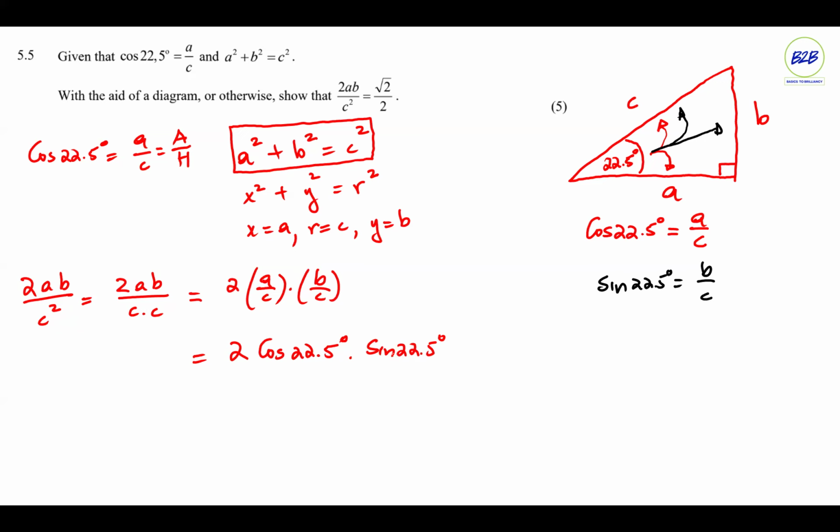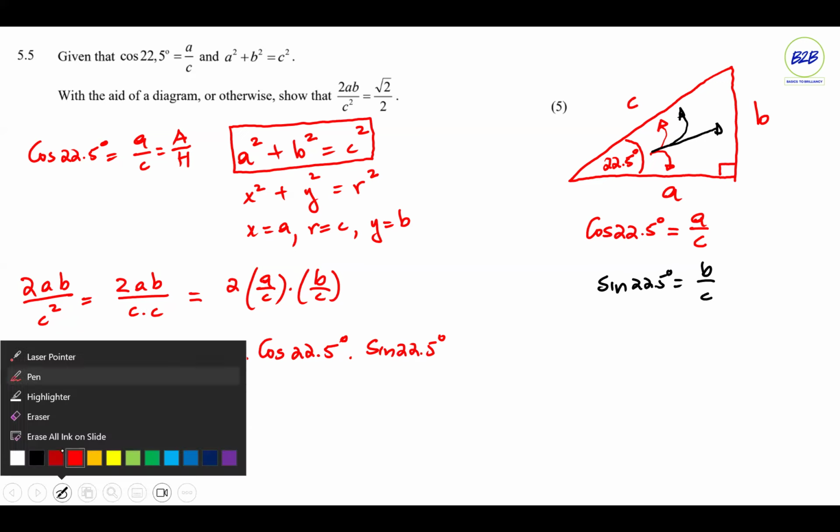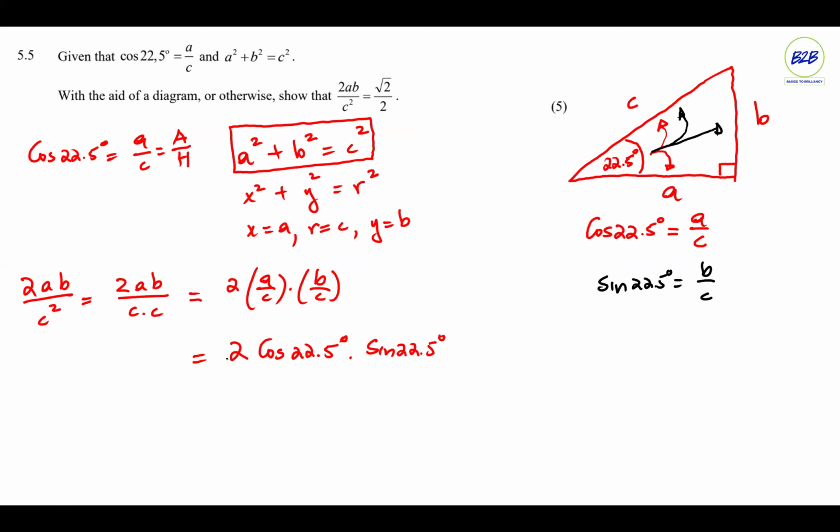And that, folks, is the expression of the double angle of sine. 2 cos sine or 2 sine cos. It doesn't matter. The arrangement, whether we begin with cos and end with sine, or we begin with sine and end with cos, it doesn't matter. So this is an expression of the double angle of sine.